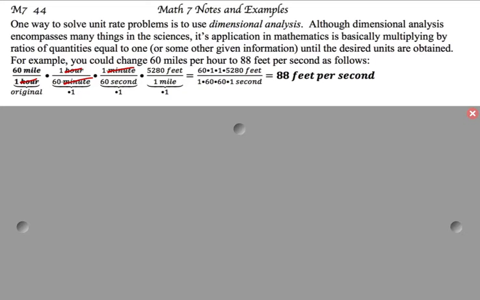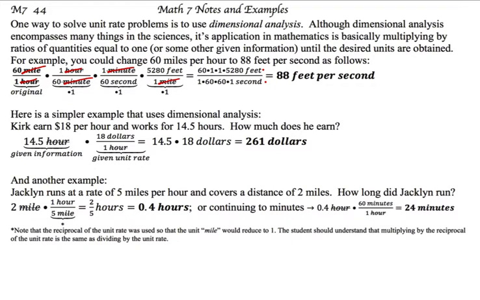And then 5,280 feet per mile, the miles can reduce. And we're just left with 60 times 1 times 1 times 5280 feet on top, and 1 times 60 times 60 times 1 seconds on bottom. And when you calculate that out, it comes out to 88 feet per second. Feet on top, seconds on bottom, it's feet per second.